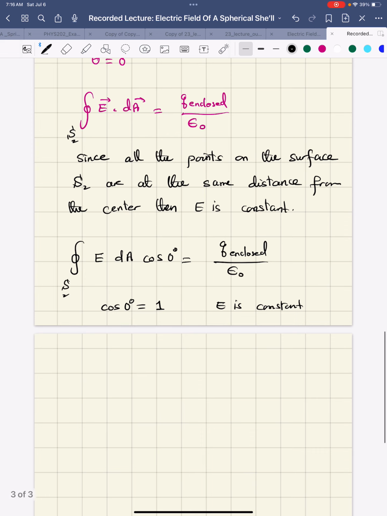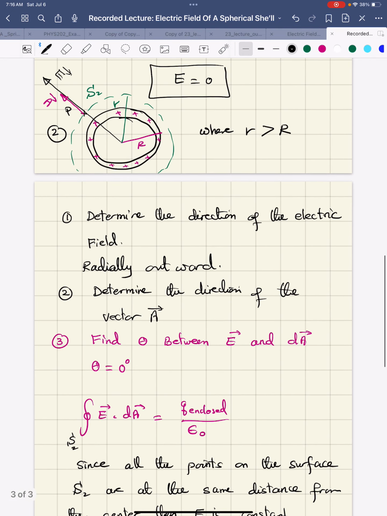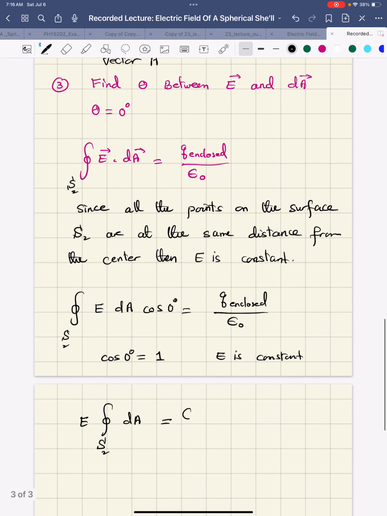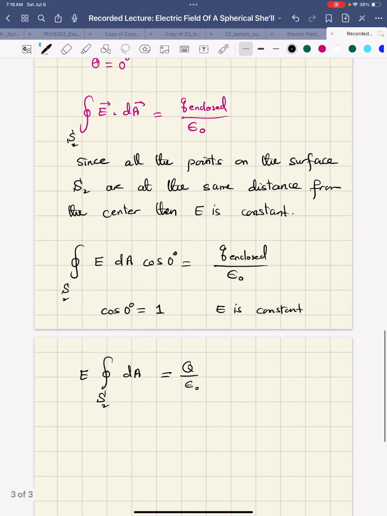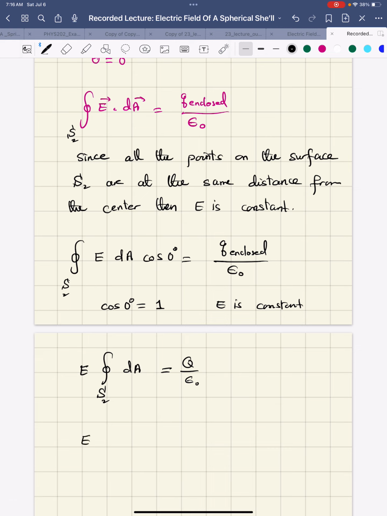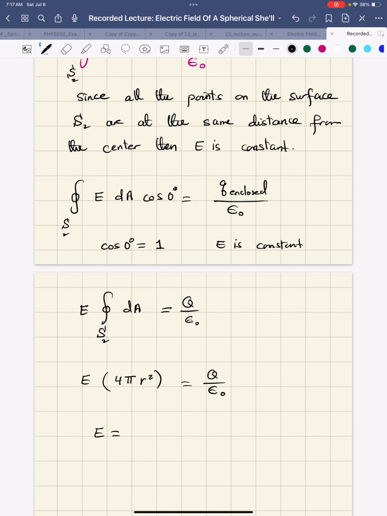Then I can take E outside, and this is the integration of dA. For Q enclosed, if you look inside the Gaussian surface, you have the whole Q divided by epsilon 0. And this integral is really the surface area of a sphere. Finally, E can be calculated as Q divided by 4 pi epsilon 0 r squared.